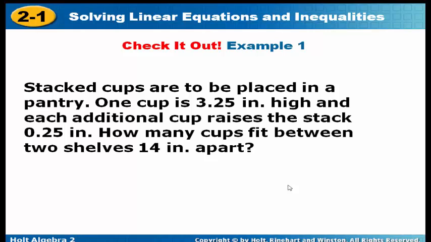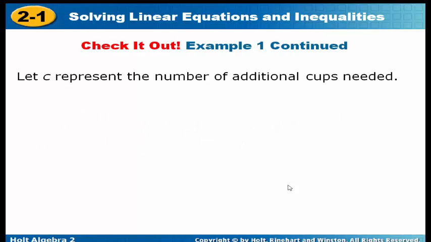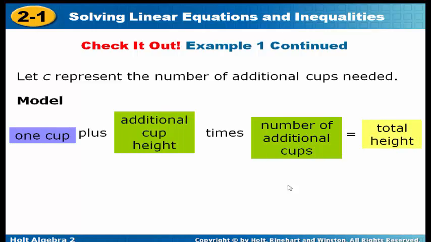First, we should write the equation. Let C represent the number of additional cups needed. So model: one cup plus additional cup height times number of additional cups equals total height.